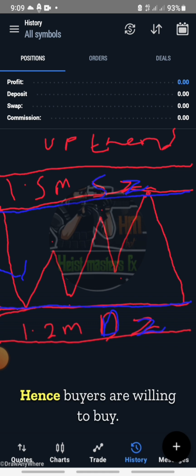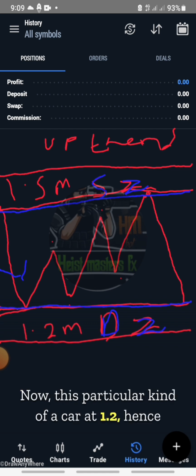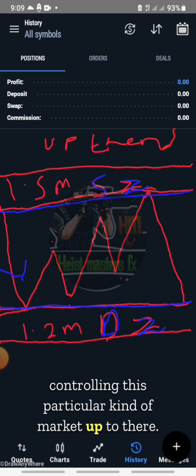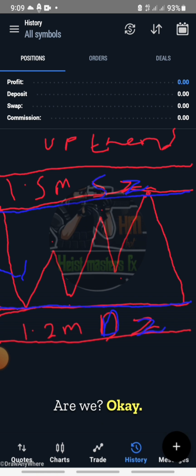Hence, buyers are willing to buy this car at 1.2. Hence, the price will bounce back, and we'll have buyers controlling this particular market. Up to there, are we okay?